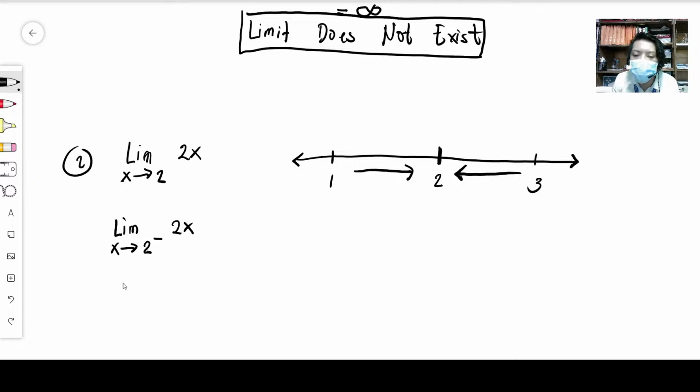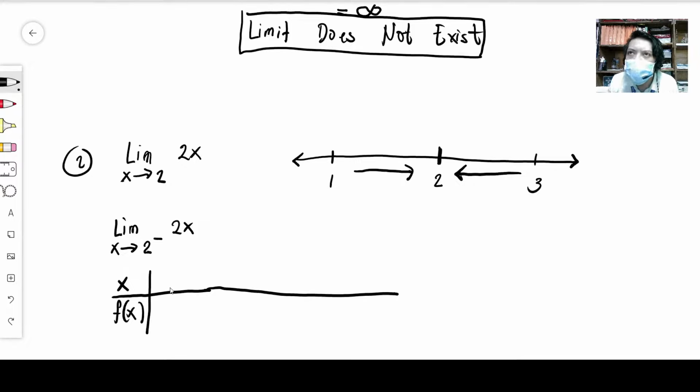When we construct the table of values, suppose we have a table of values here, x and f of x, the value of the function. Coming from the left, the limit of 2x as x approaches 2 coming from the left.